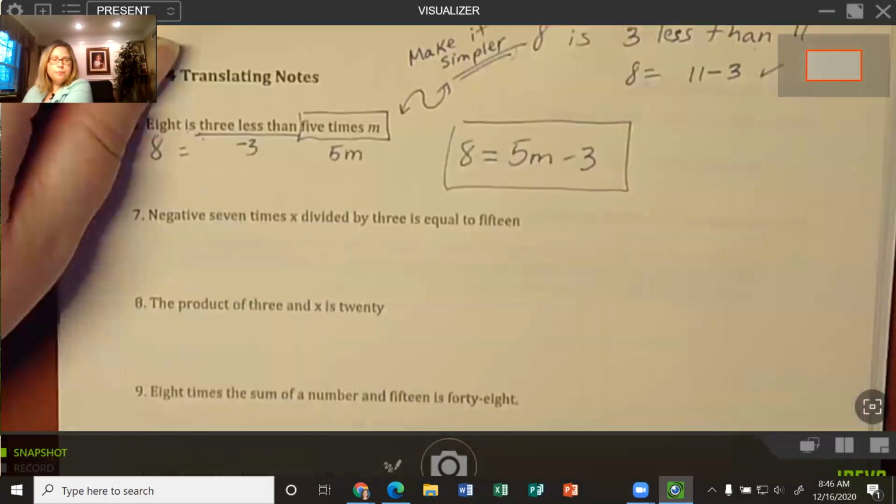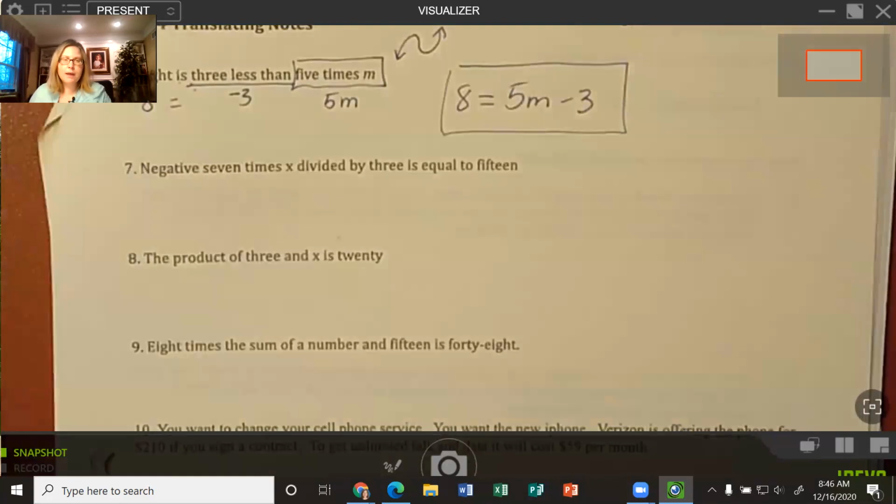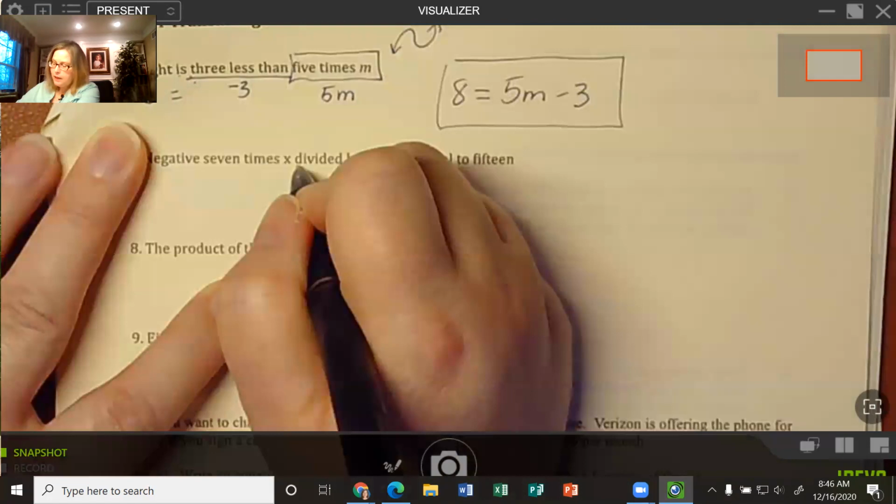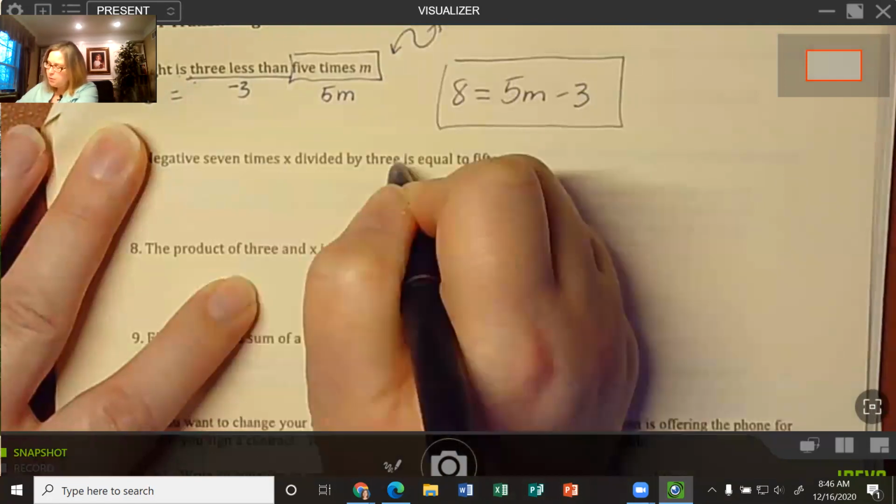Number 7, -7 times x divided by 3 is equal to 15. So this one is a little bit vague, so we have to be really careful. So we have -7 times x divided by 3. So x divided by 3, this one to me is a little vague.